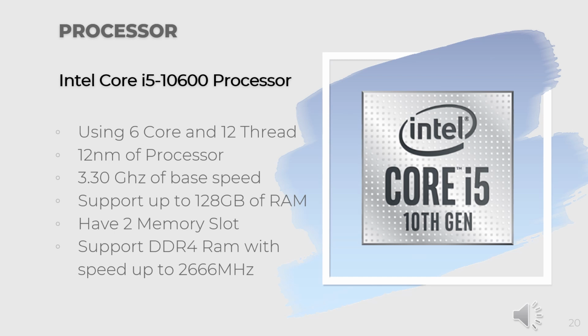Then it supports up to 128 GB of RAM. The memory slot of the RAM is up to 2 memory slots, and it supports DDR4 RAM with speed up to 2666 MHz. It is better than DDR3 RAM.